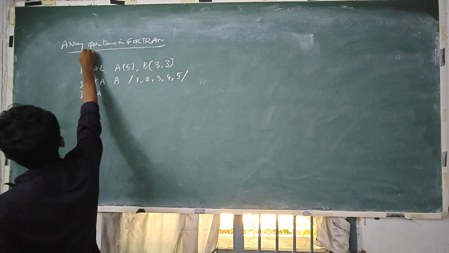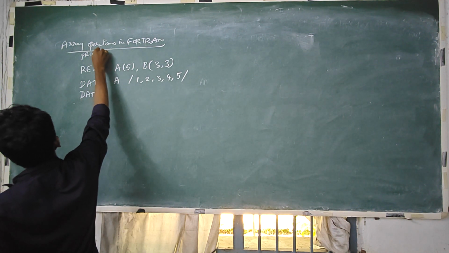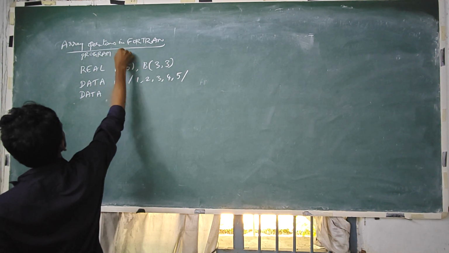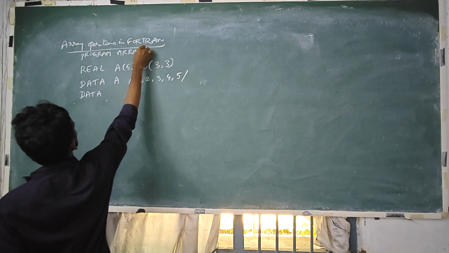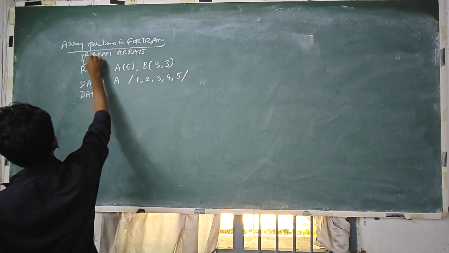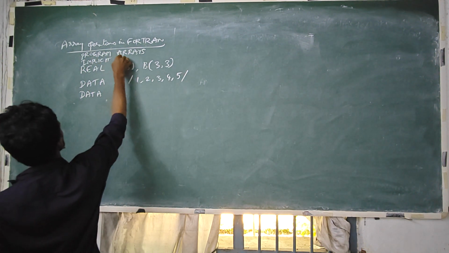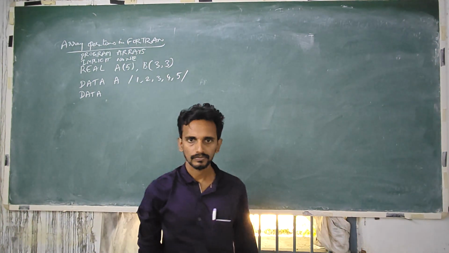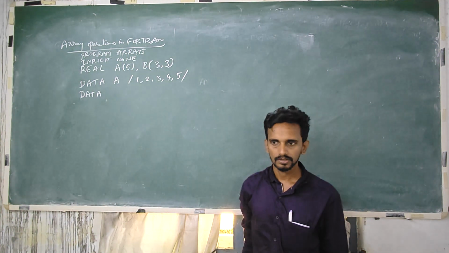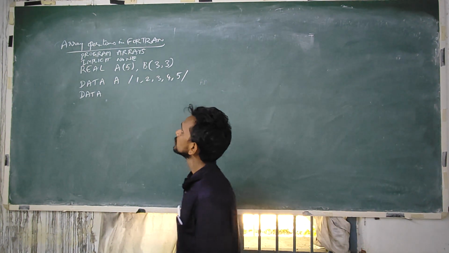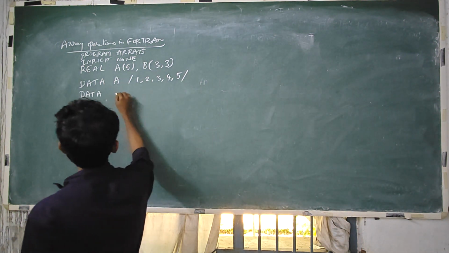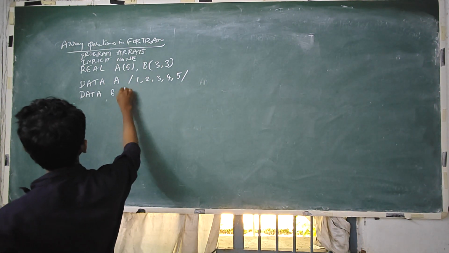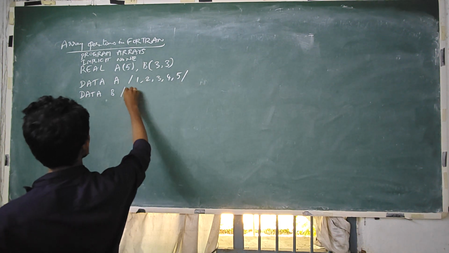So the program name is arrays, and I am using implicit none. Okay, and data for B also should be written the same way.